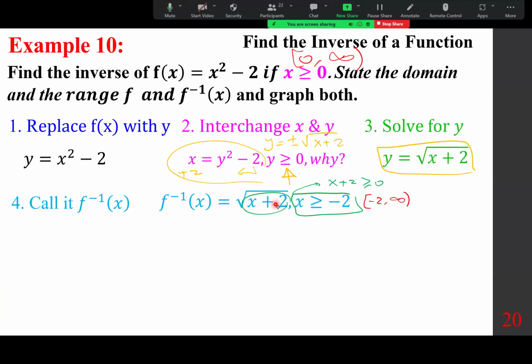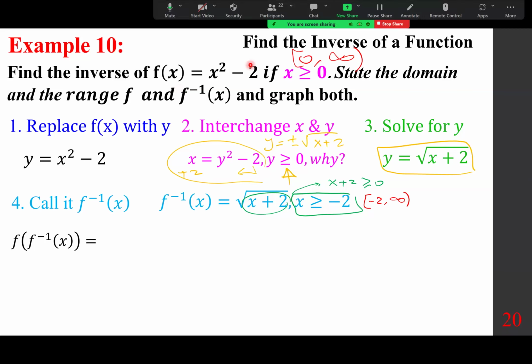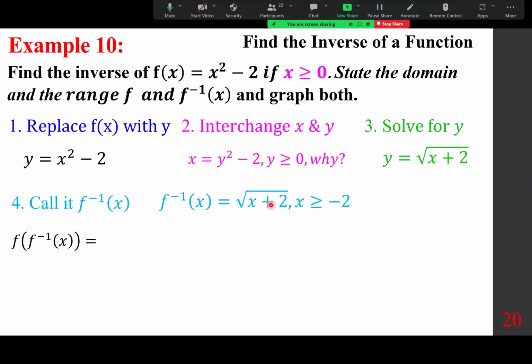For example, f of f inverse of x, meaning into this function goes the square root of x plus 2. Of course, the two cancel each other, and this comes out as x plus 2, and with negative 2 we get x, and that's a verification that we came up with the correct answer.